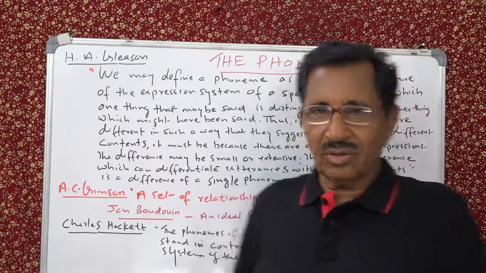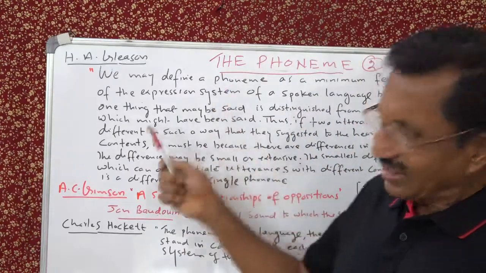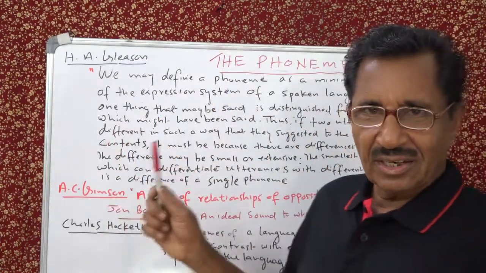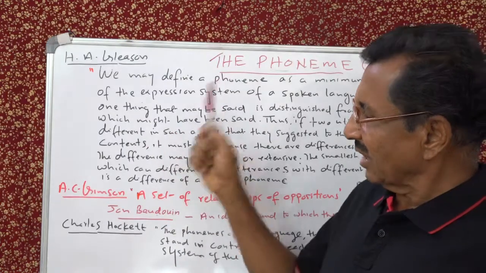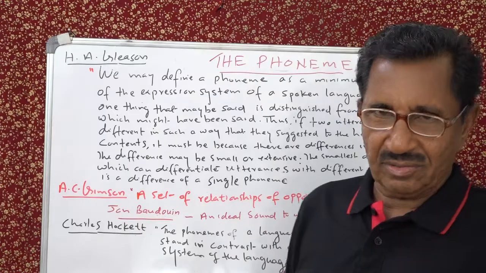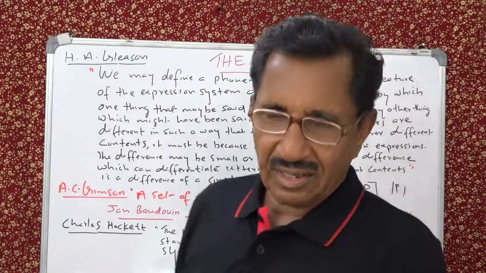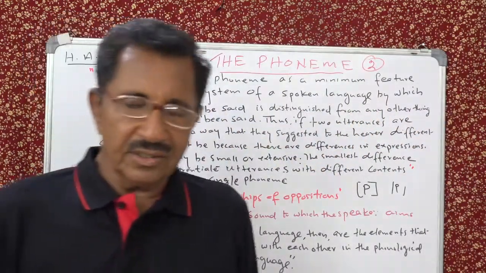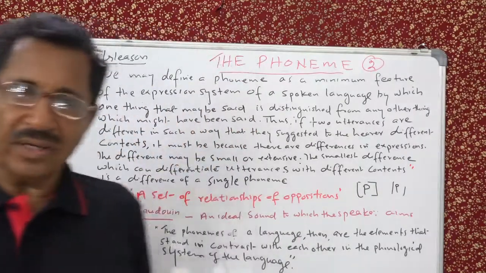So you have got three great authors, scholars. Gleason is well known, Gimson well known, Hockett also well known. They are great authors in linguistics. I hope you understand now.